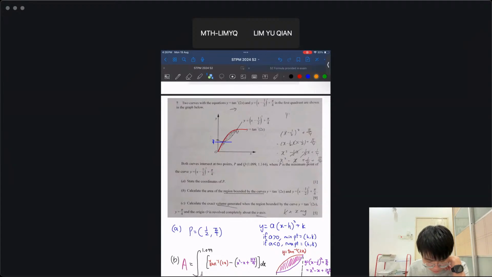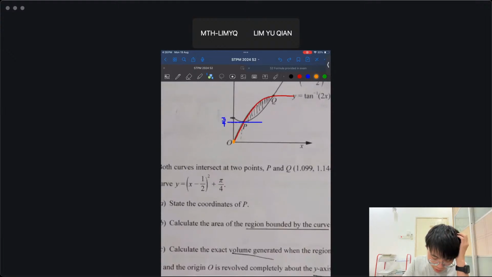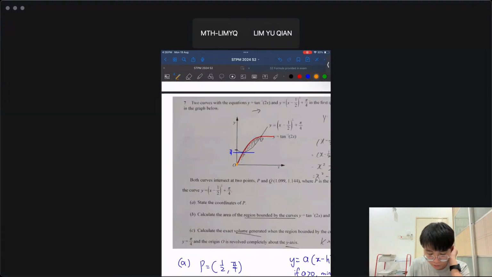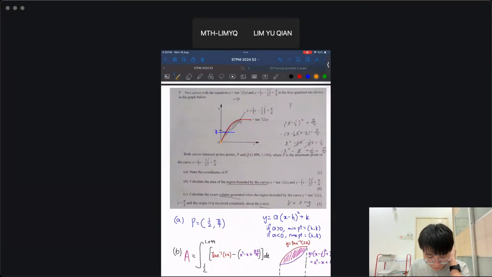Let me think. Why origin suddenly? This one just origin only. Did that form a region? They don't even form a region, right? Or maybe they meant the x-axis and wrote origin by mistake.